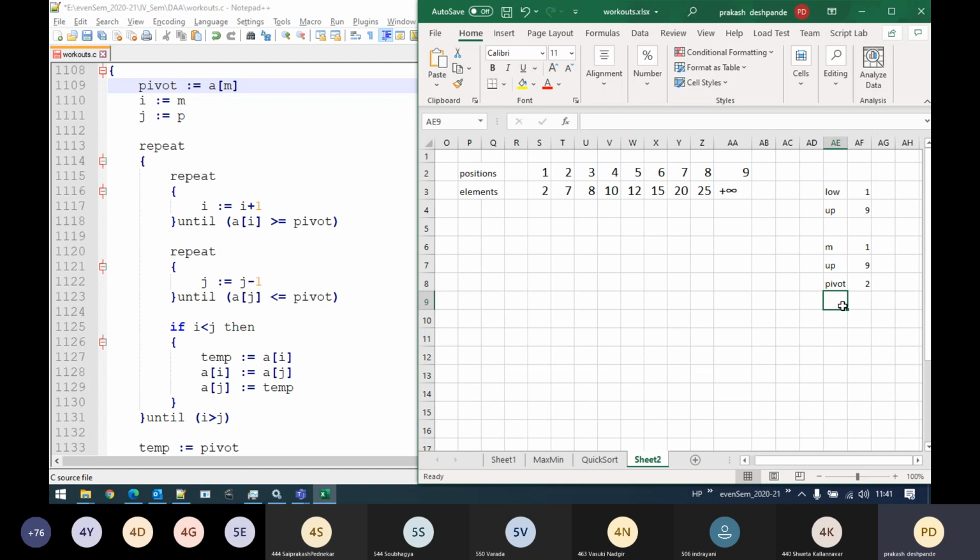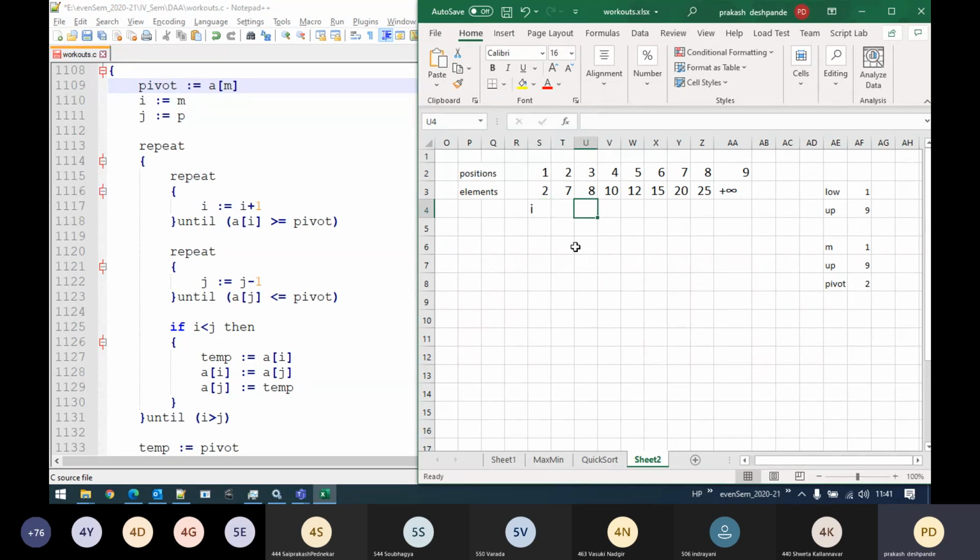Then we have two more values, I and J. I and J I will represent here itself. Now, can you tell me where I is pointed now? I is equal to M. So I means position 1. So we have I here.